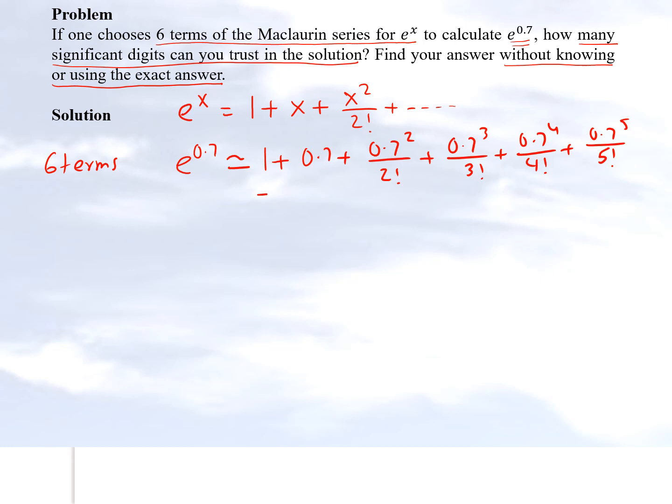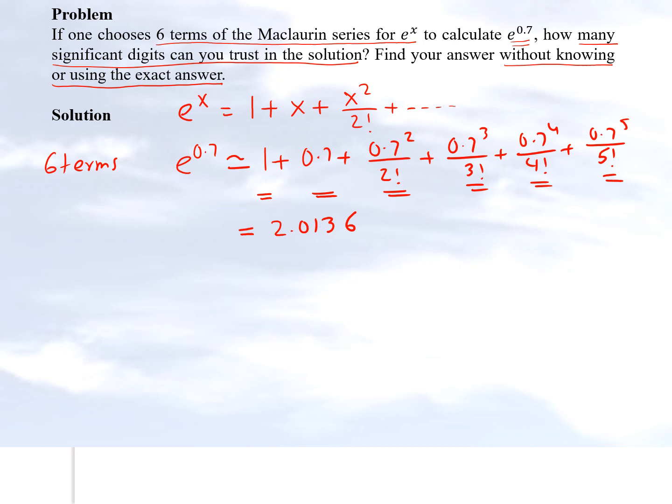And you can see that we have 6 terms: 1, 2, 3, 4, 5, and 6. And the value which I get from here is 2.0136.